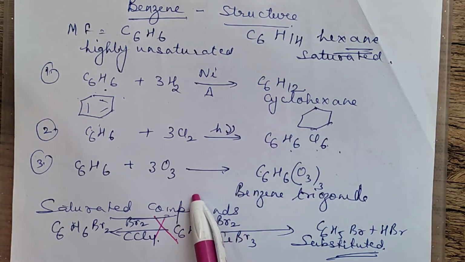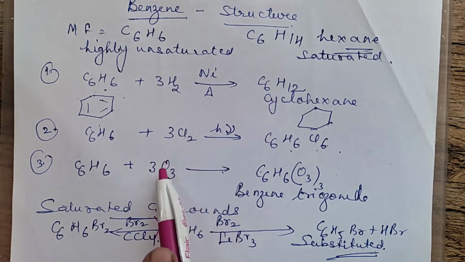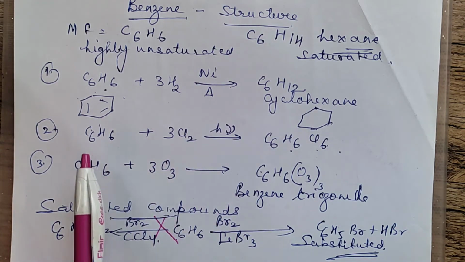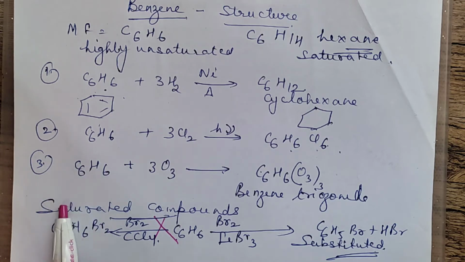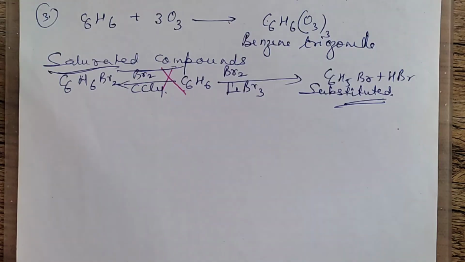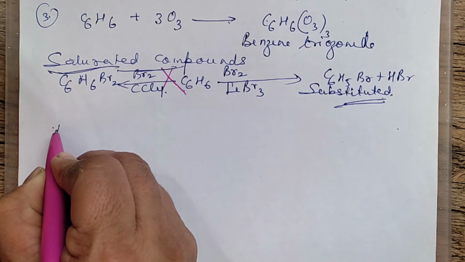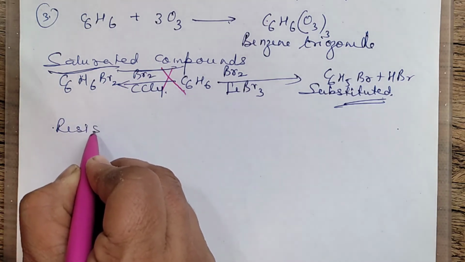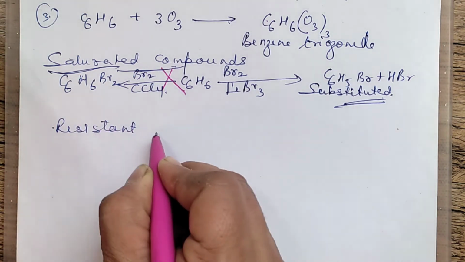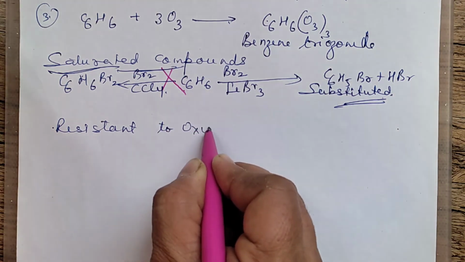Though the first 3 reactions prove that there are multiple bonds present, meaning it's behaving more like unsaturated, most of the reactions of benzene are like saturated compounds. So what is the actual structure? Let's focus upon that. Before that, one more thing: benzene is resistant to oxidation.